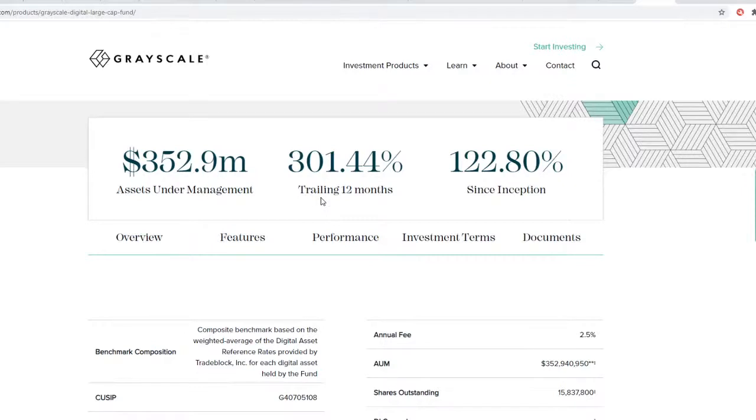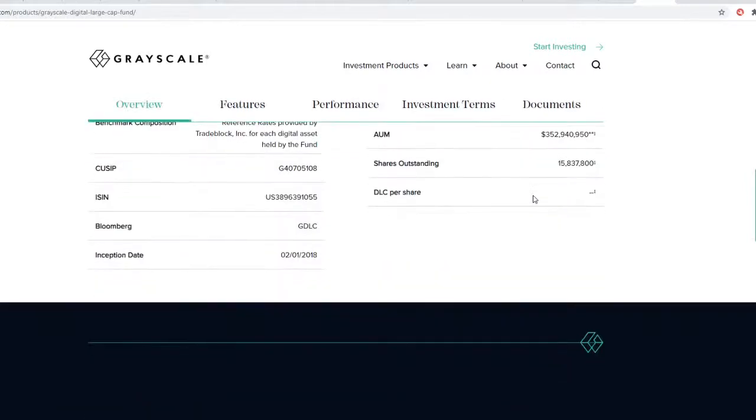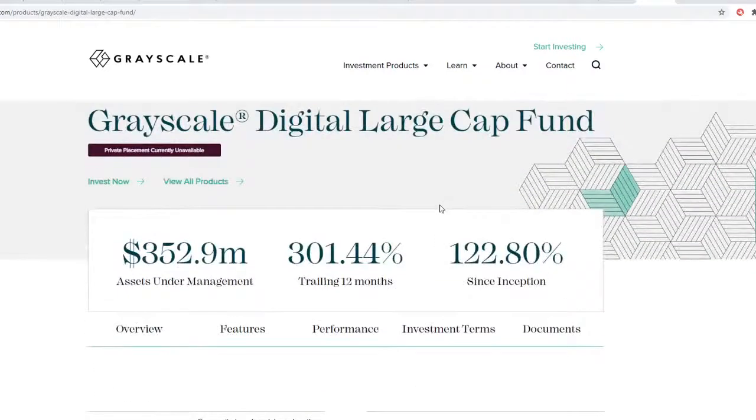The performance is over 301% trailing 12 months. Since the inception, it's 122.8%. It is a pricey fund because it's got the volatility and it's managed by some highly professional experts in the field.